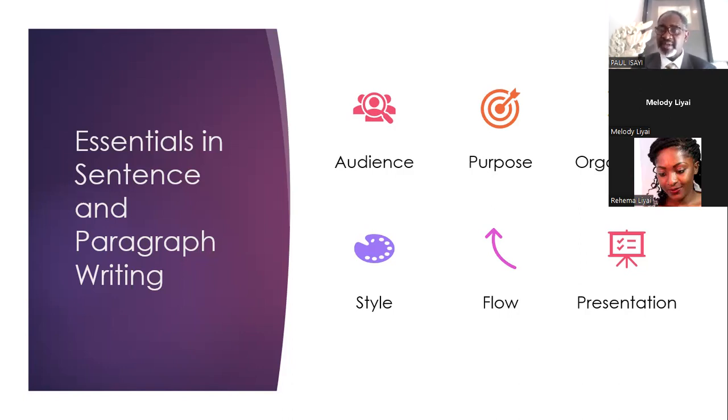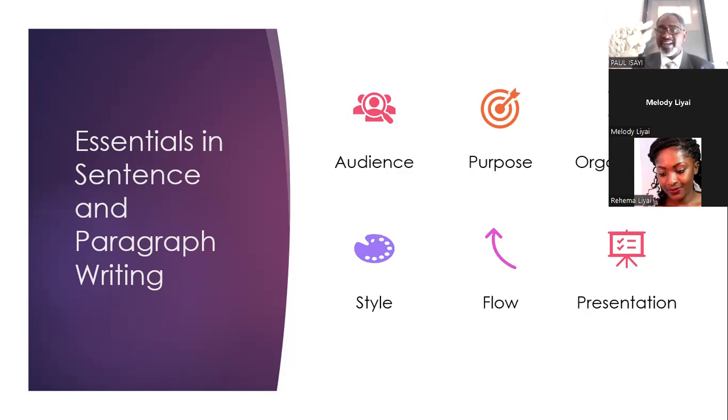Next is the purpose. Why are you writing that sentence? Why are you writing that paragraph? The next thing is the organization. Once you write a sentence, you have a purpose in mind, and then you have how to organize that sentence. You have to put words in an orderly manner.